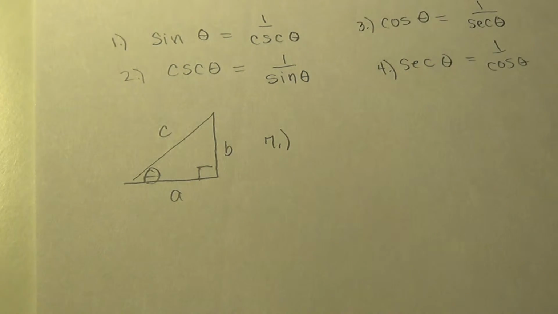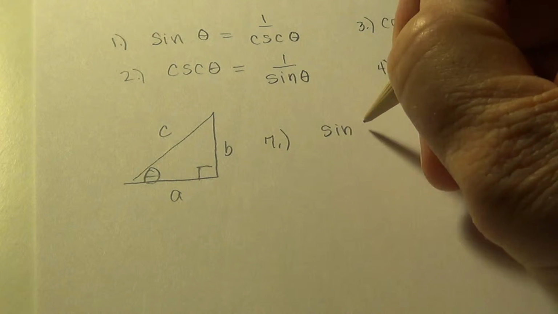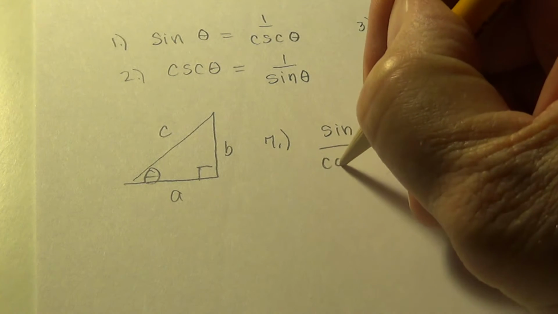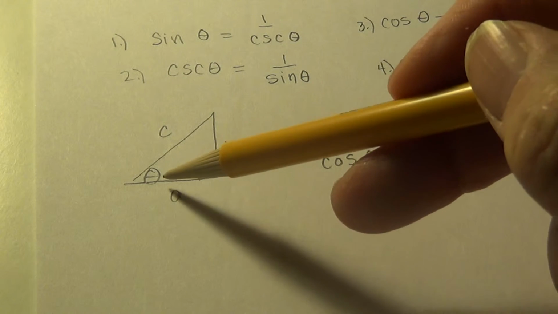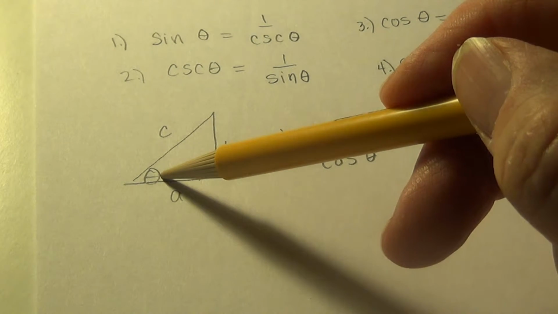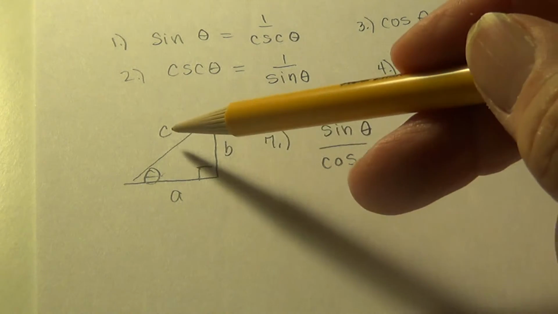Developing the 7th trig ID, I was wondering, and I'm sure you were as well, what is sine theta divided by cosine theta? We're going to use this triangle to help us. We can rewrite the sine of theta, remembering sine is opposite over hypotenuse.